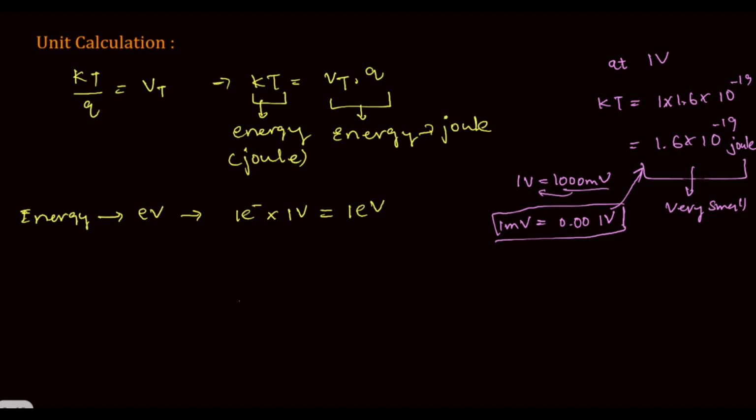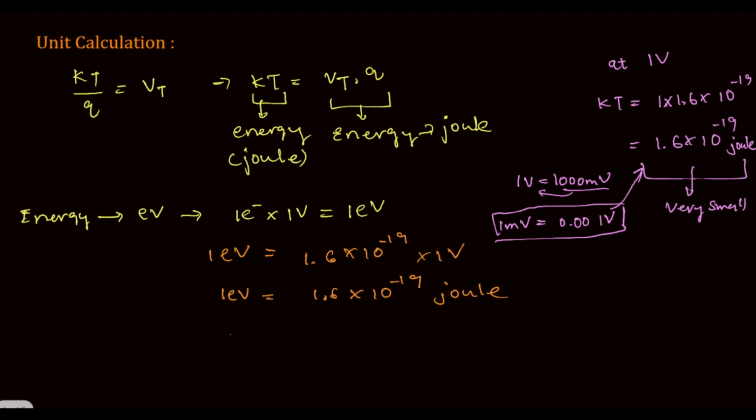So I will keep 1 electron volt as it is, and write 1.6 into 10 power minus 19 into 1 volt, in order to calculate joule. So 1 electron volt is 1.6 into 10 power minus 19 joule.